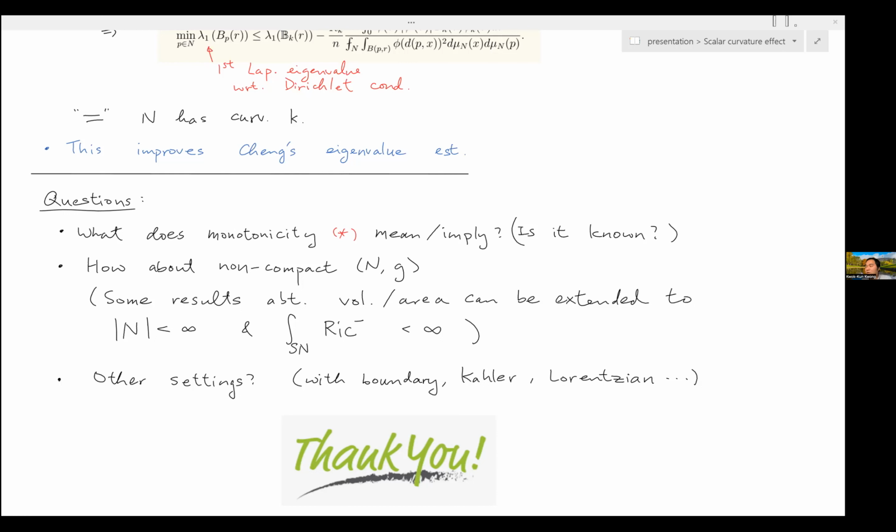I don't really know. And in the paper of Friedman and Brown, they seem to also have some analysis regarding the volume of balls in a manifold with infinite volume, so average volumes of the balls. But their assumption is different.